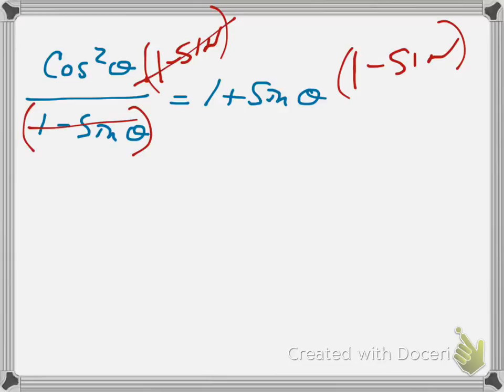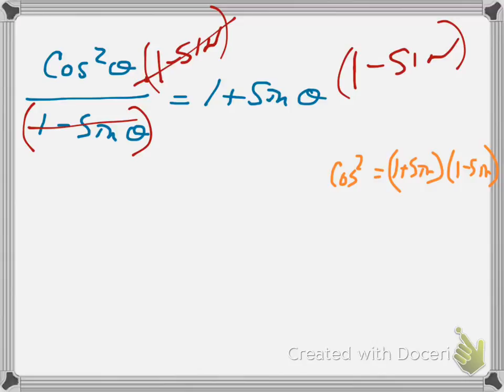So on the left side, that's going to cancel and leave me with cosine squared. On the right side, you have to FOIL 1 plus sine and 1 minus sine. Those are conjugates of each other. There's a blast from the past.